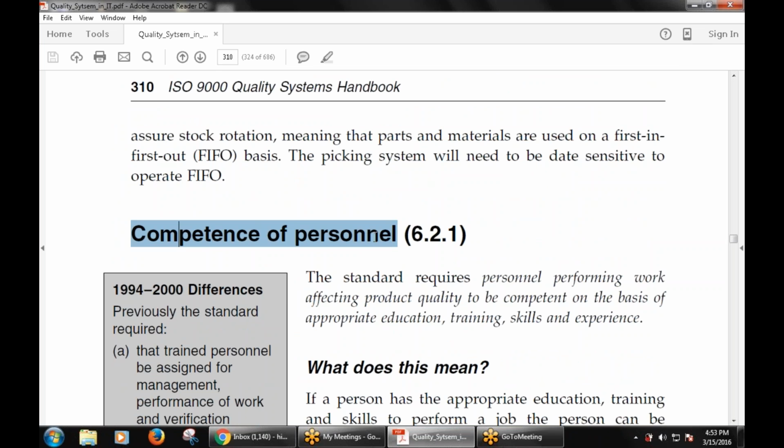Now, competence of the persona, that means what is the competency among the various personnel.